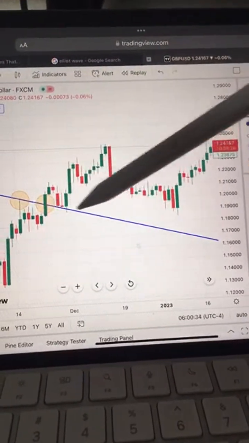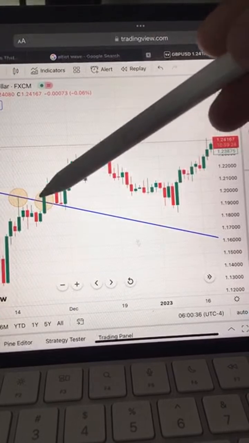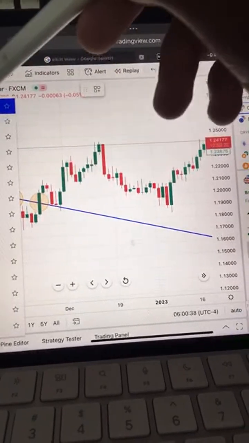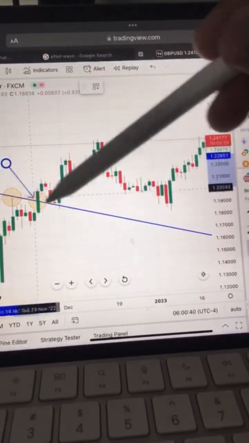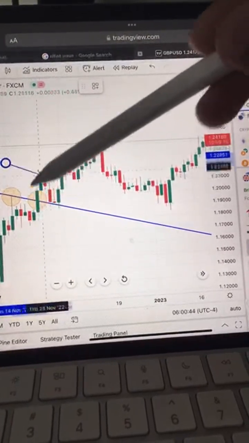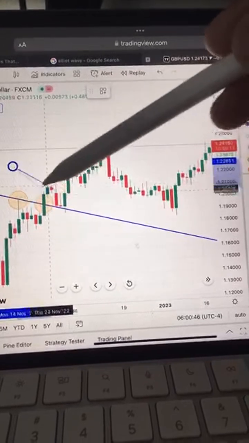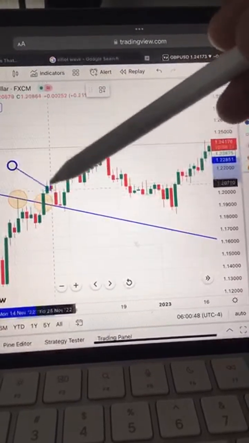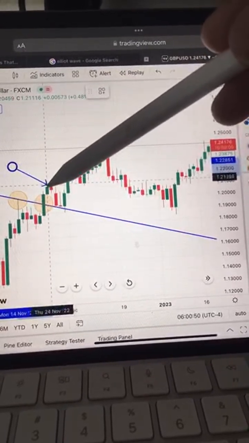The trend line has to cross the candlestick body right here. Let me show you. The trend line has to cross the candlestick body on touch 3, and a second candlestick that will perform has to be formed outside.